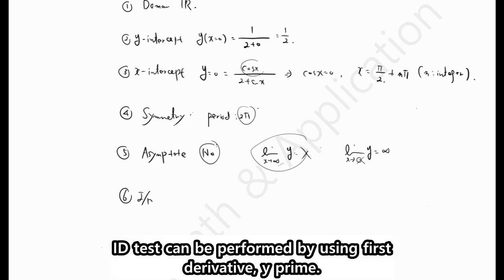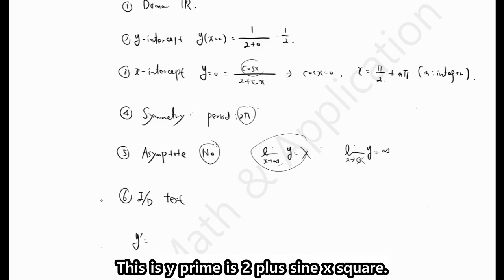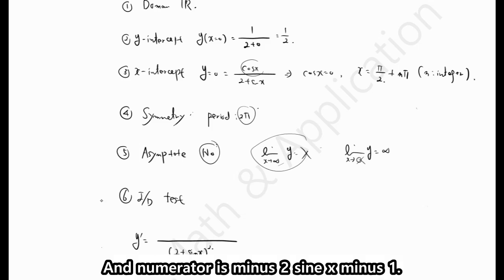The increasing/decreasing test can be performed by using the first derivative, y prime. The y prime is over 2 plus sine x squared, and the numerator is minus 2 sine x minus 1.